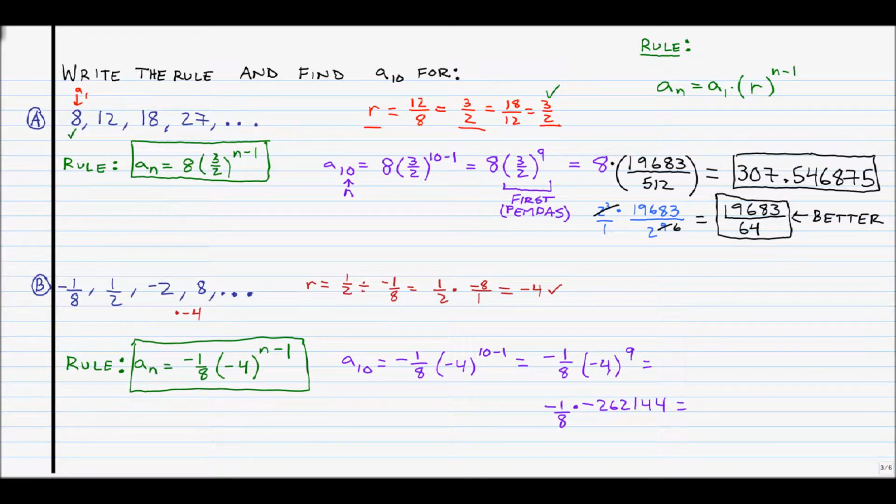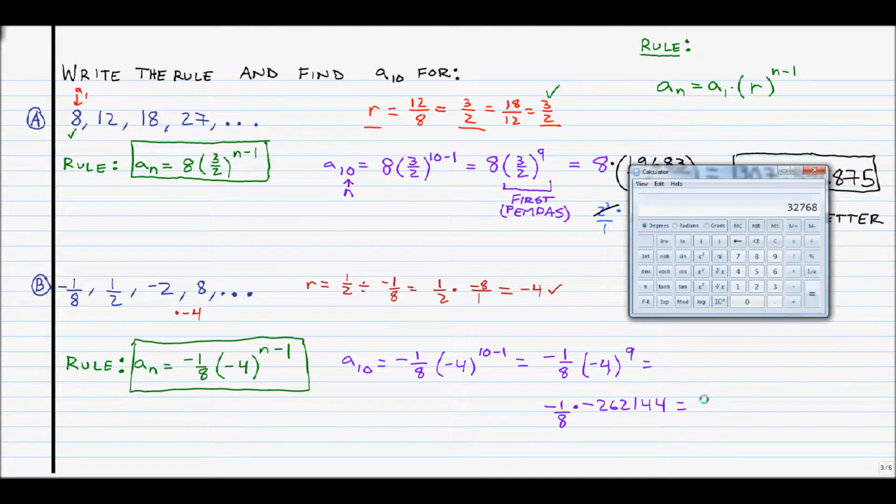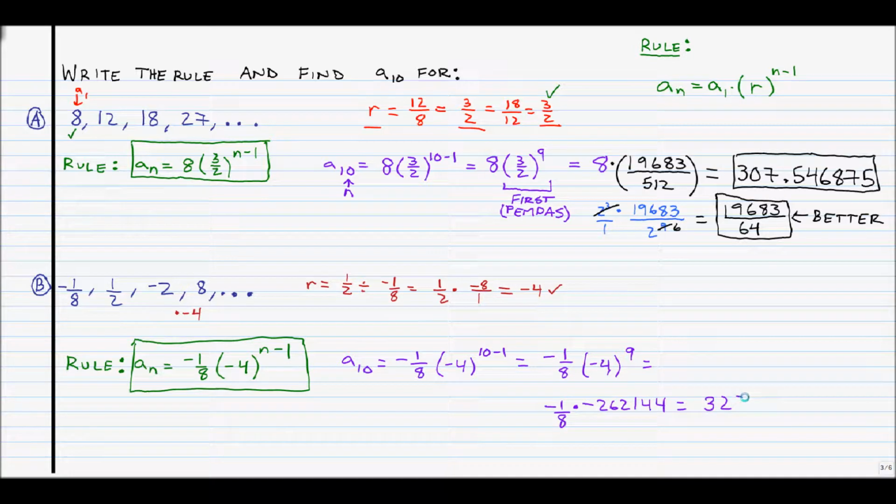So according to the calculator, if I multiply by -1/8, so divide by 8, I get as my answer the lovely old 32768.